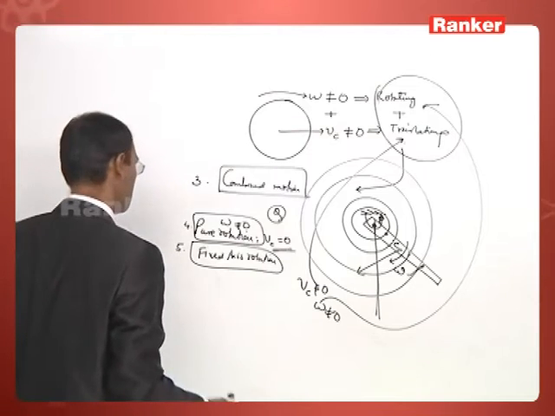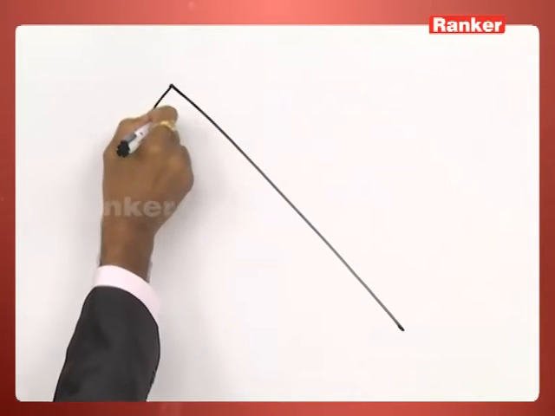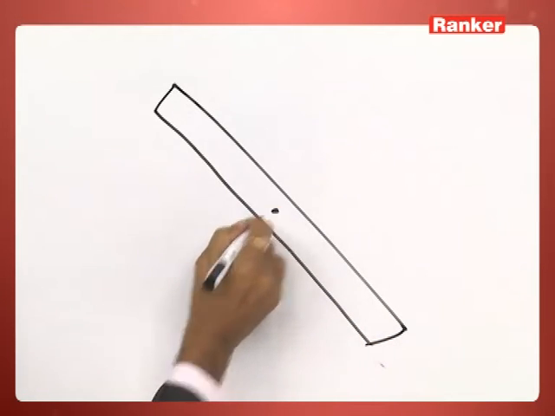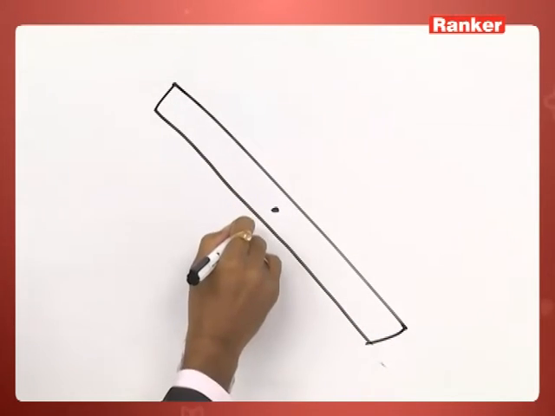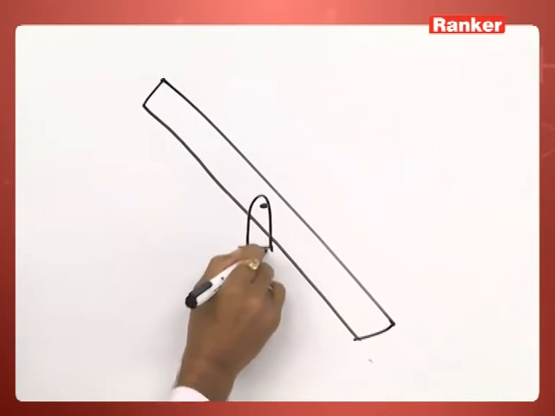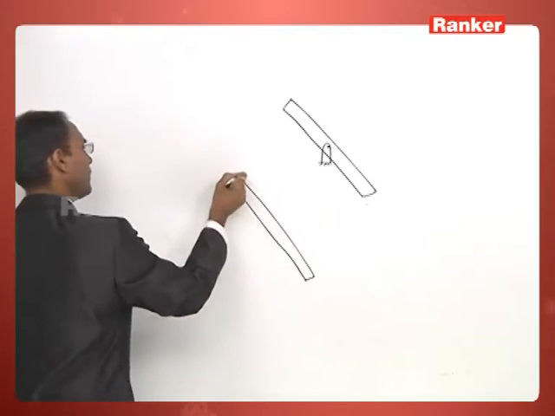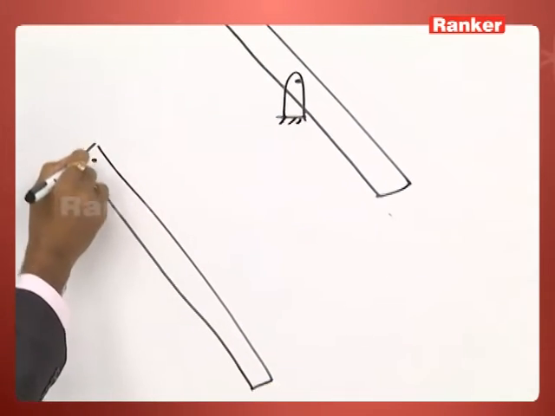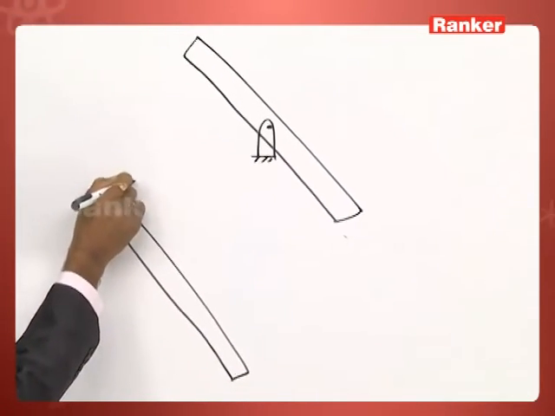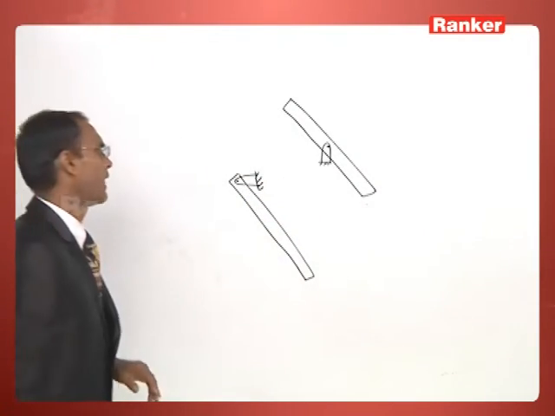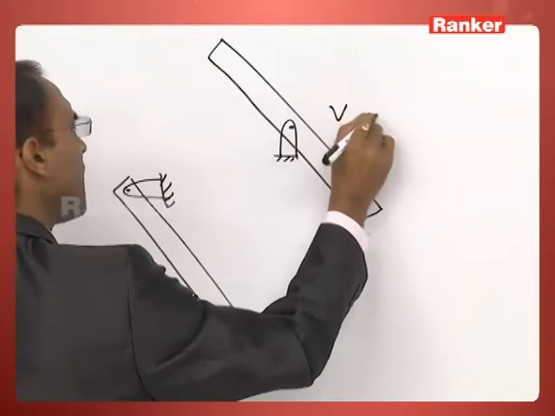For instance, this is the center of mass. We pivot it like this, and here we pivot it like this. Here the center of mass velocity, since it is pivoted, is 0.